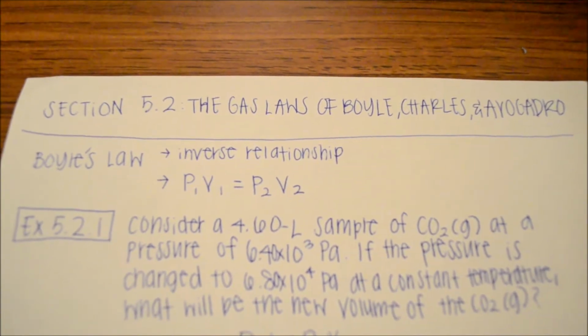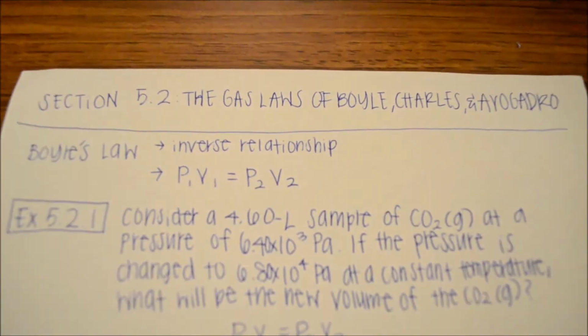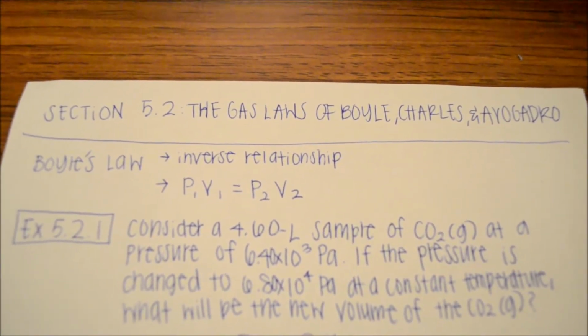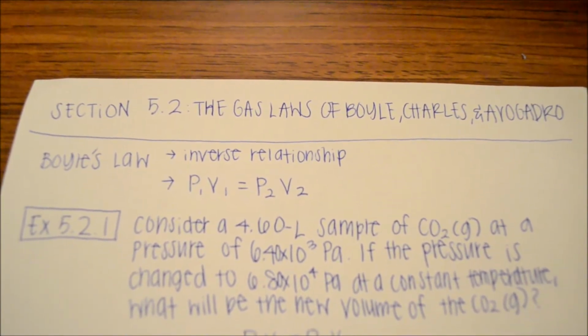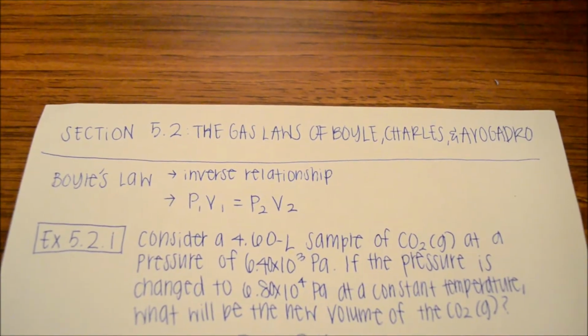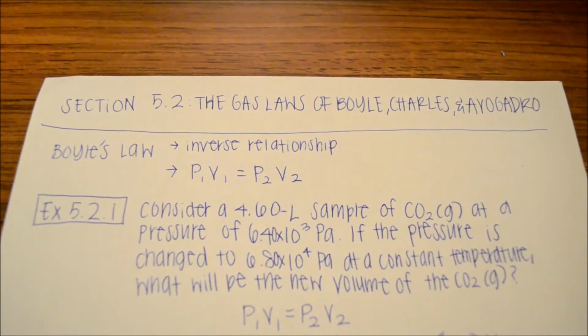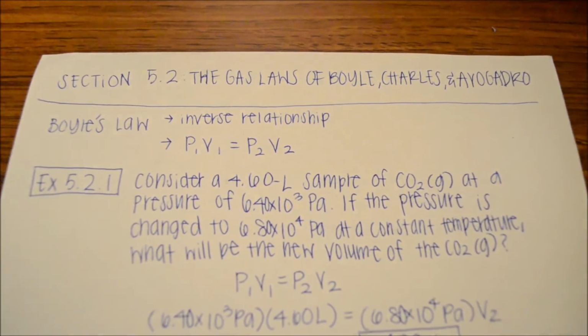Consider a 4.60 liter sample of carbon dioxide gas at a pressure of 6.40 times 10 to the 3 Pascal. If the pressure is changed to 6.80 times 10 to the 4 Pascal at a constant temperature, what will be the new volume of the CO2 gas? So the formula P1V1 equals P2V2, and you'll just plug in the numbers given.